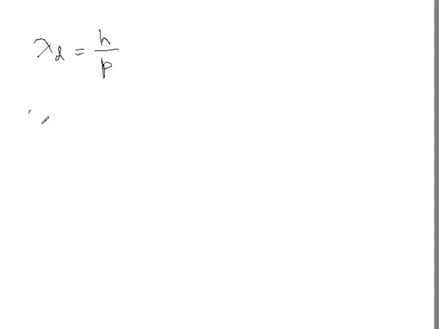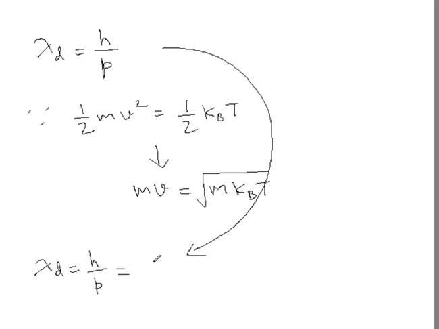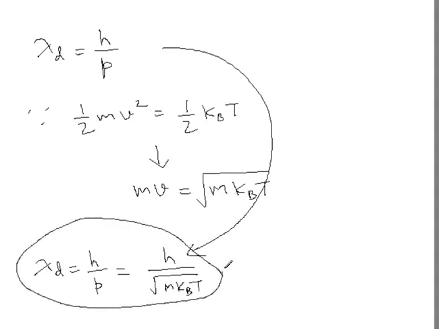We have half m v squared equal to half k T, and from here we get m v equal to root over m k T. So lambda b, the de Broglie wavelength, h by p, becomes h by root over m k T. Fine, this is the relation for the de Broglie wavelength.